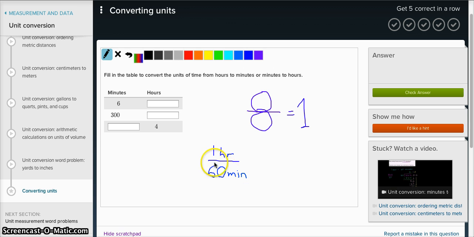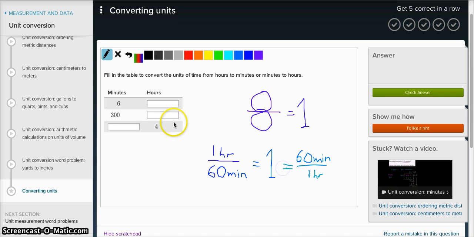So 1 hour equals 60 minutes. If I divide them, it equals 1, because anything divided by itself equals 1. I could also do the other way around, 60 minutes over 1 hour, which is also equal to 1.